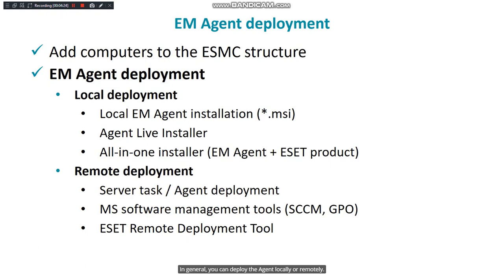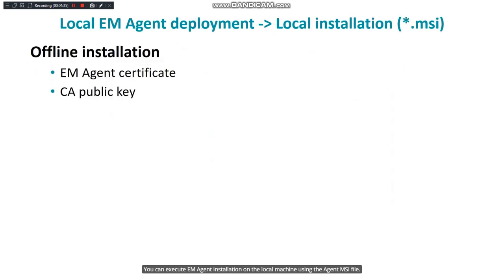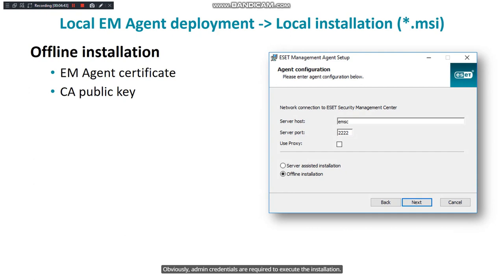In general, you can deploy the agent locally or remotely. Currently there are several options of local as well as remote agent deployment. You can execute EM agent installation on the local machine using the agent MSI file. Obviously, admin credentials are required to execute the installation.